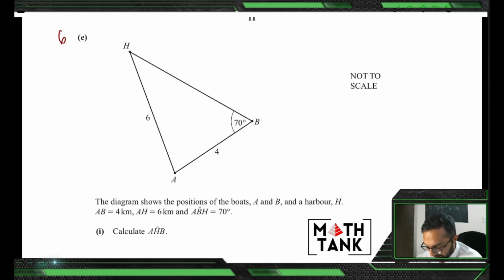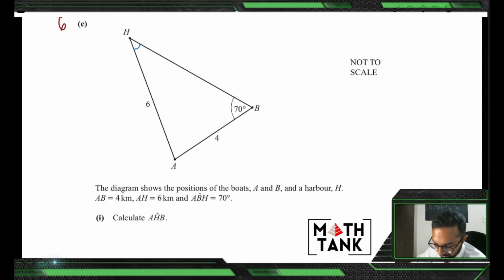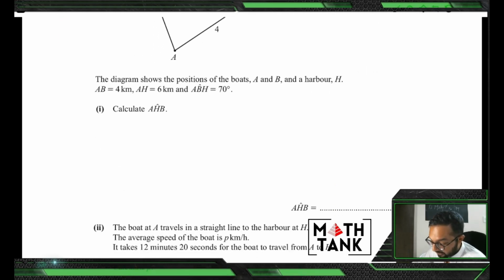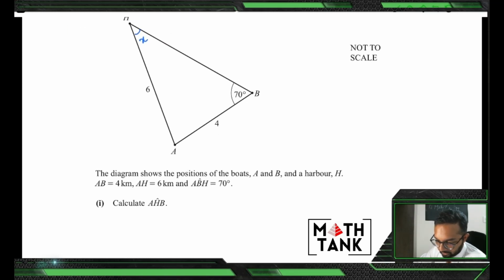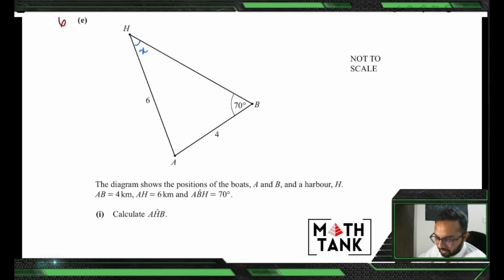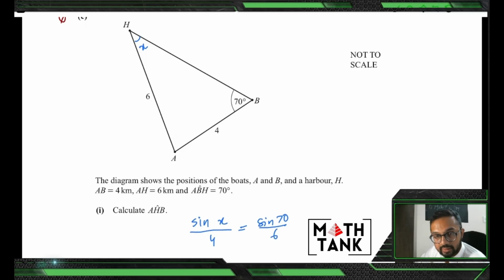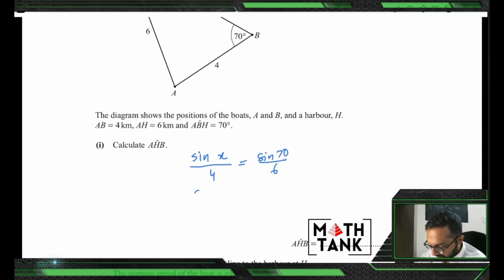Calculate AHB. So I'm asking you to calculate this angle. Let's call that X. It's a 3-mark question. So it's either the sine rule or the cosine rule. I think it's the sine rule because I see two angles now. So I'm going to say that sine X over 4 equals sine 70 over 6. Sine X equals 4 sine 70 over 6.